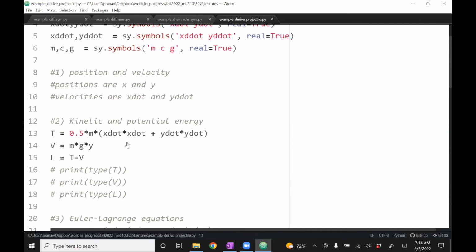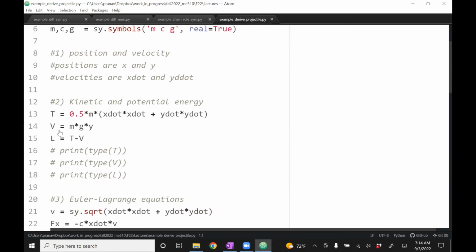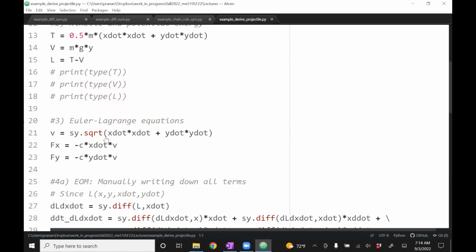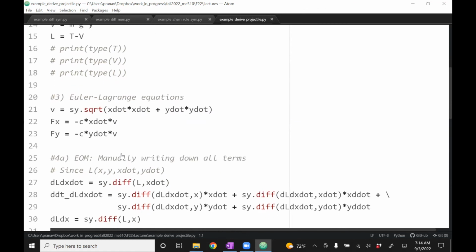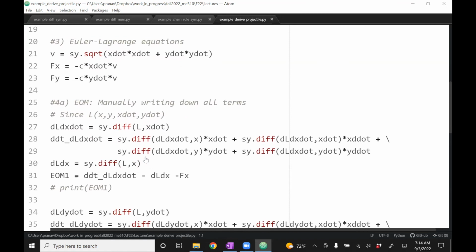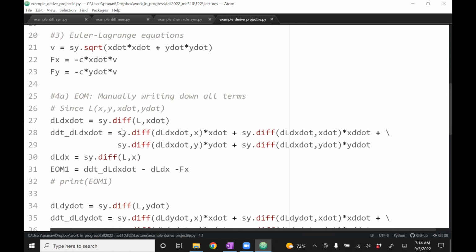So T is half m v squared, where v squared is ẋ squared plus ẏ squared. V is the potential energy. Then we have the drag force, which is F_x and F_y, first given. Now that we have that, we can write the equations of motion using the chain rule, d/dt of dL/dq̇ minus dL/dq equals Q_j.